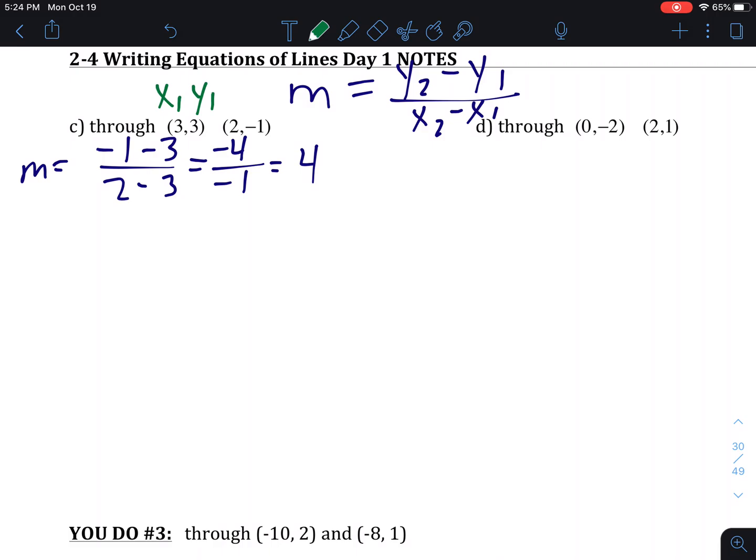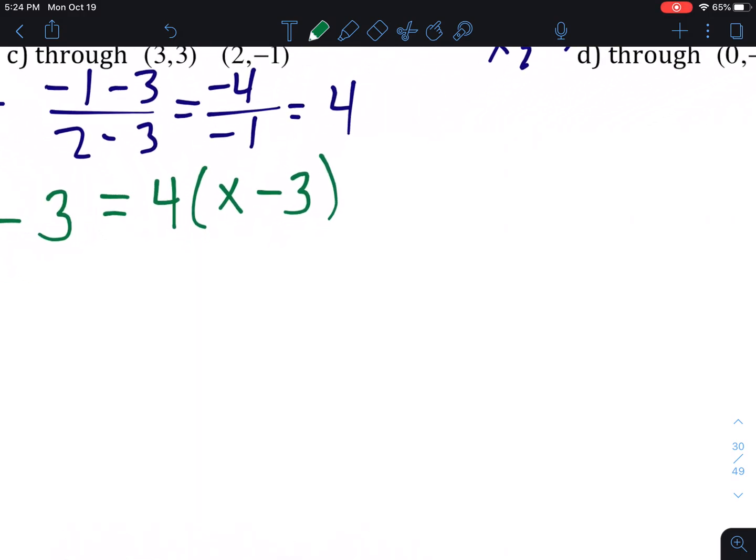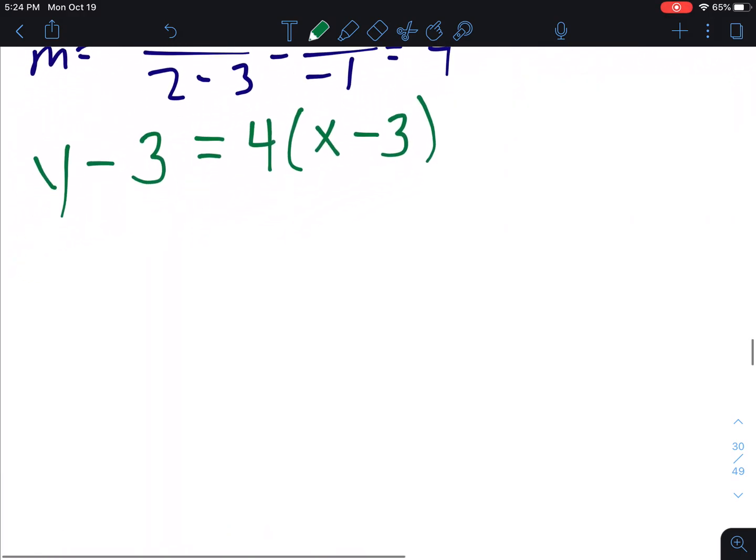So that'll be my x1, y1. So y minus y1 equals m parentheses x minus x1. So there's my point slope form, but again, don't stop there. Always reread directions. They say you want your answer in standard form. So what we need to do is start converting. We're going to distribute the 4. So multiply that twice.